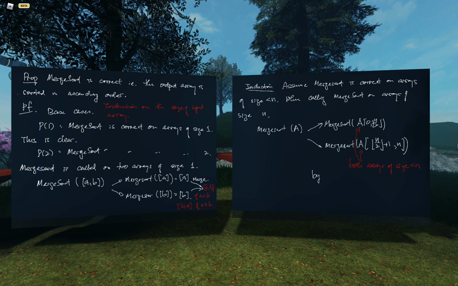So by induction hypothesis, these two are correct, right? The above two calls to merge sort give you the correct result.